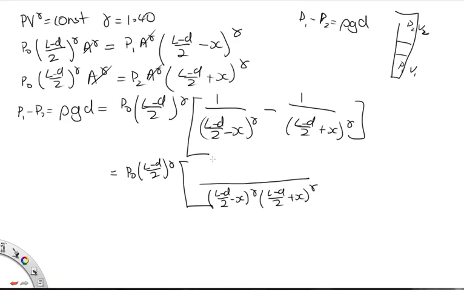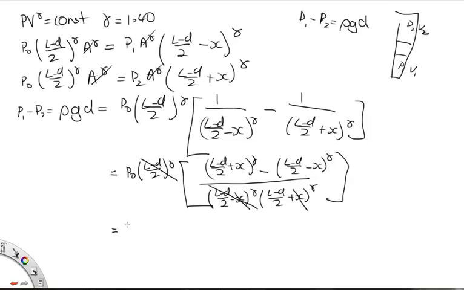And we've got (L minus D over 2 plus X) to the gamma minus (L minus D over 2 minus X) to the gamma. Now we can make the same approximation as last time. This is small compared to that, and this is small compared to that. So those x's we can ignore. So one of these terms will cancel with that term there.